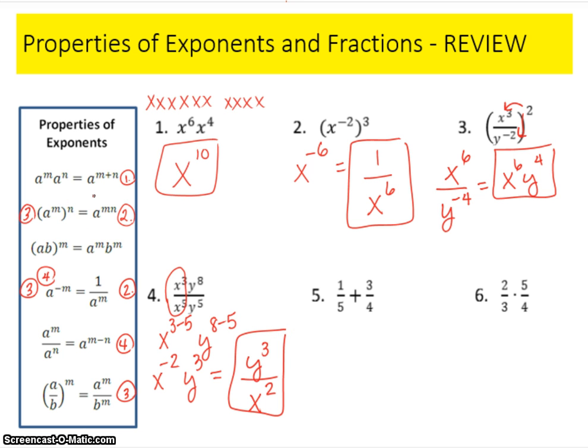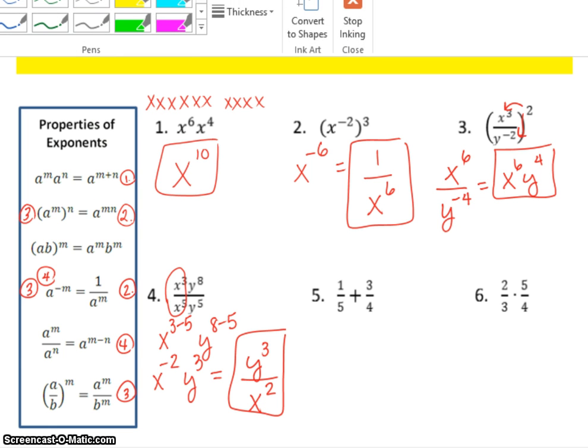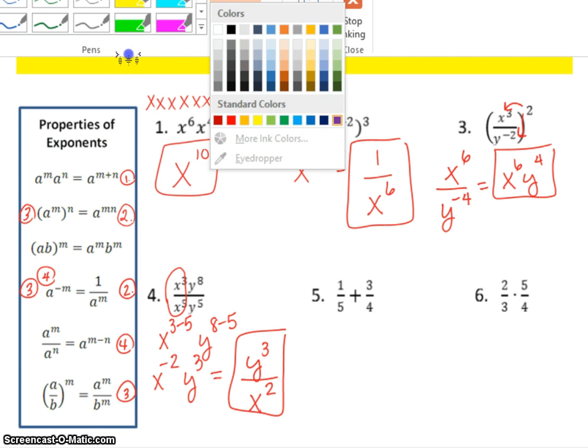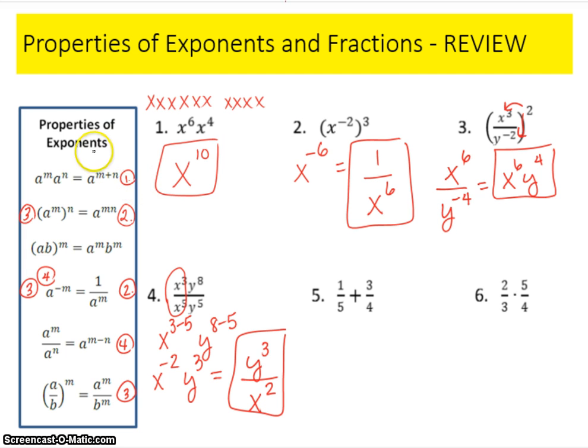Okay, a couple fraction examples. The first is addition, and if you recall, when you add and subtract fractions, that is when you must get a common denominator. So our common denominator here is going to be 20. So we're going to multiply this by 4, and if we multiply the bottom, we have to multiply the top. We're going to multiply this by 5.